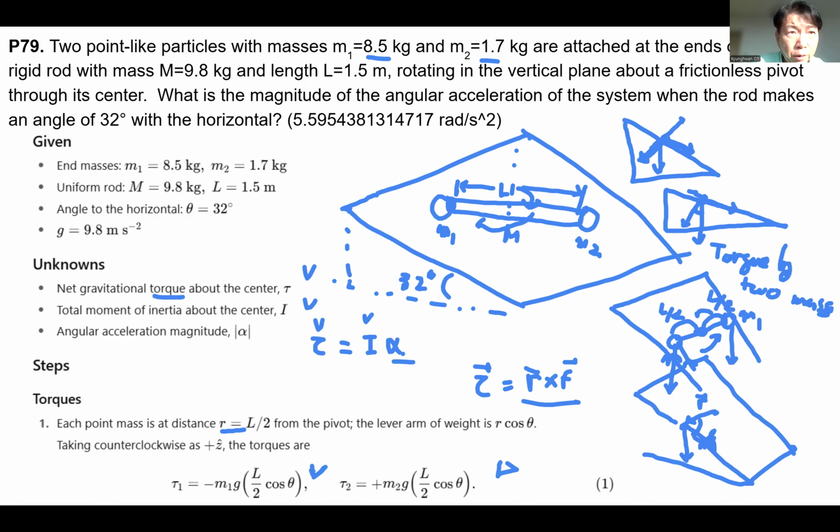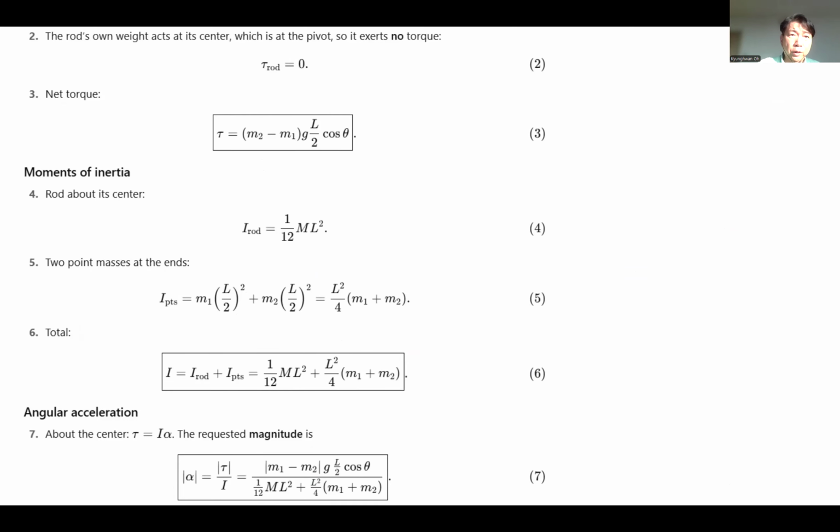If you think about this, you get tau 1 and tau 2. The rod's own weight acts at the center, so its torque is zero because r equals 0 in this case. Then the total torque is given by this one. The rod's moment of inertia is given by this one, and the two point masses at the ends contribute two terms, one at each end.